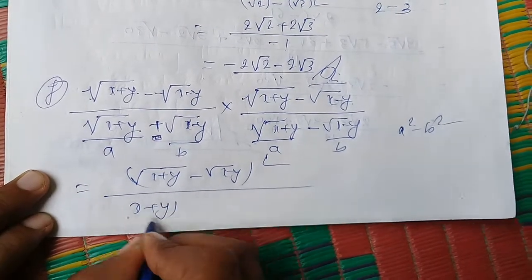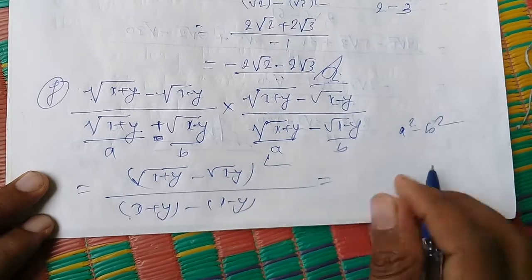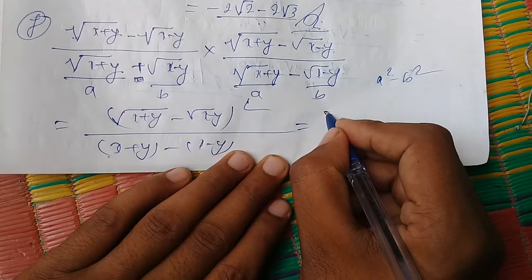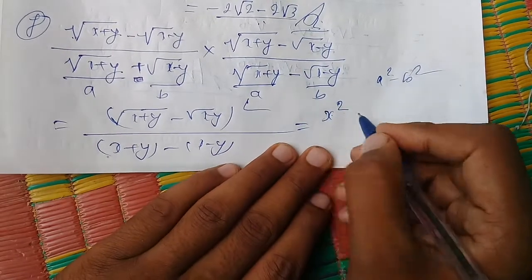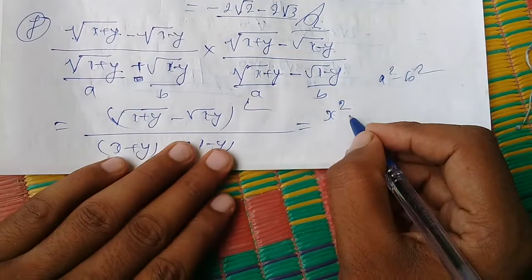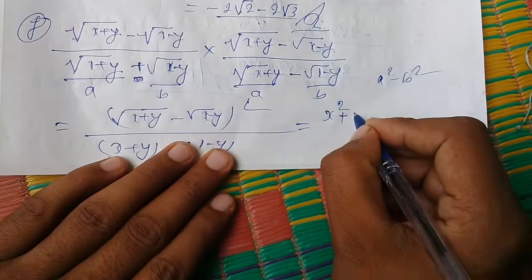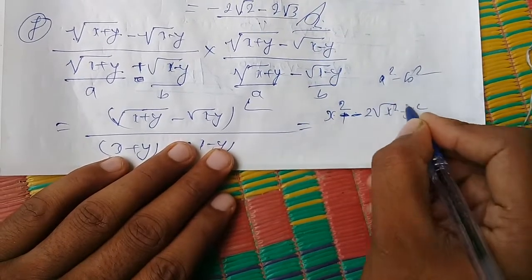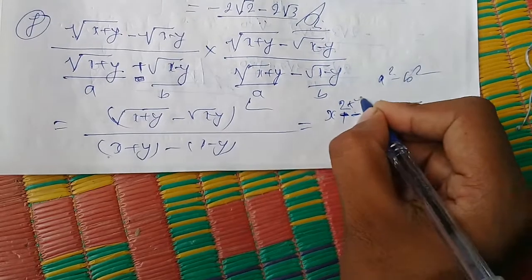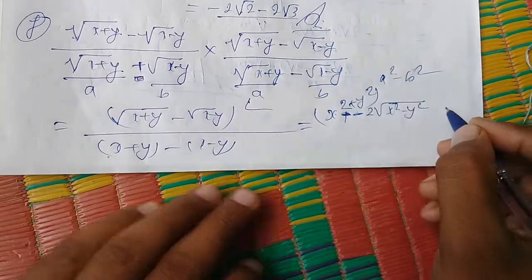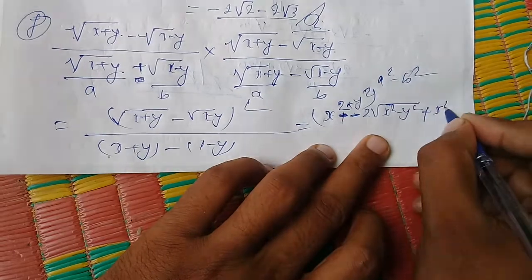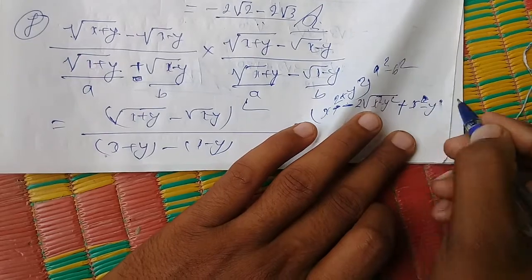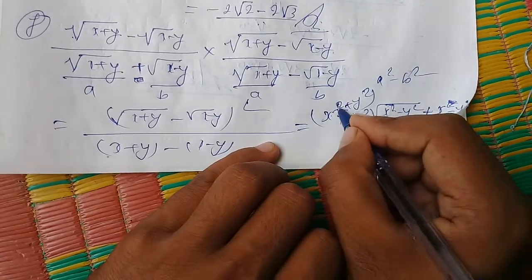Now this will be x minus x minus y, and this will be x square plus y square, and x plus y.